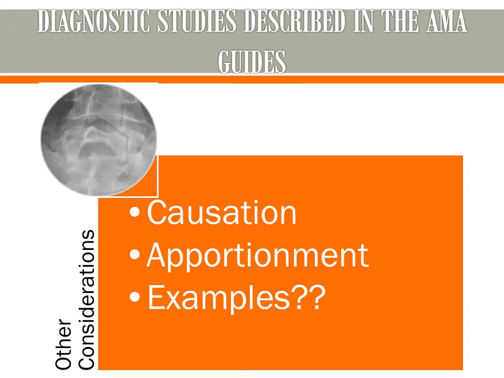So secret number 7 is to order the appropriate diagnostic studies for every case, and never render any conclusions without diagnostic studies upon which you can rely in support of your conclusions.